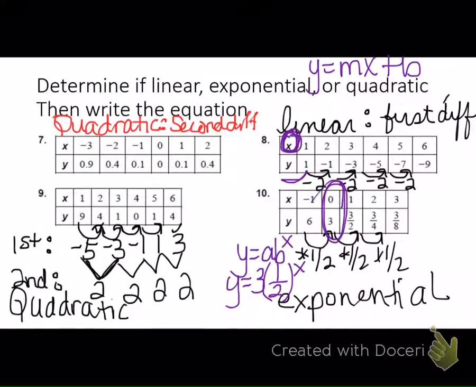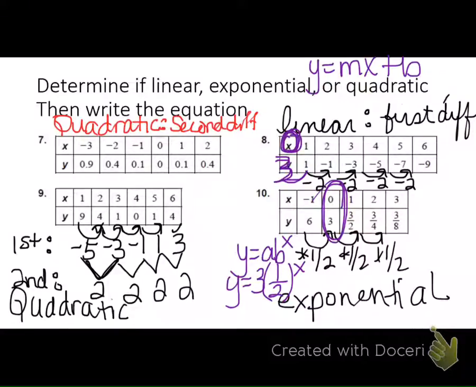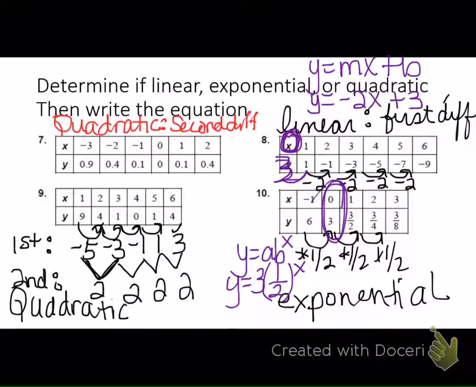What minus 2 gives me 1? 3. So our y-intercept would be 3. Back up the pattern. So this would be y equals, our slope is the common difference, so we'd have negative 2x plus 3. There's our equation. Are you going to do the quadratic one? I'm going to do one of them, yeah.